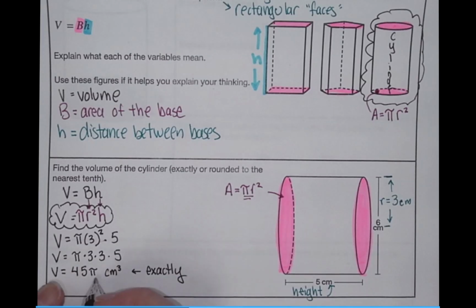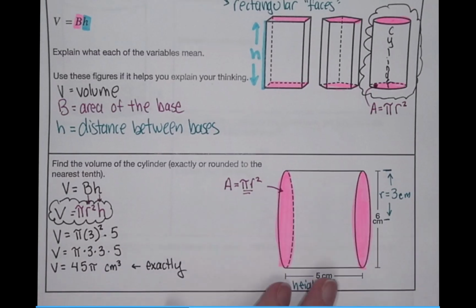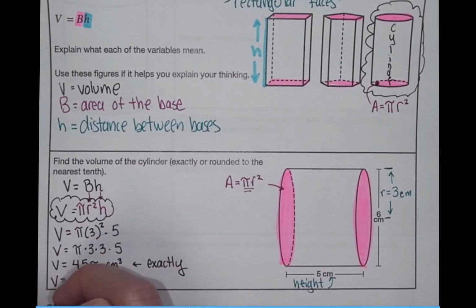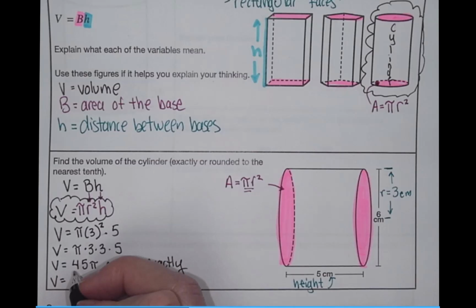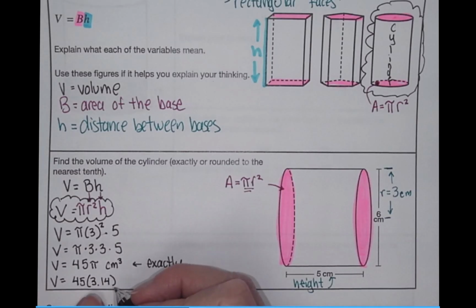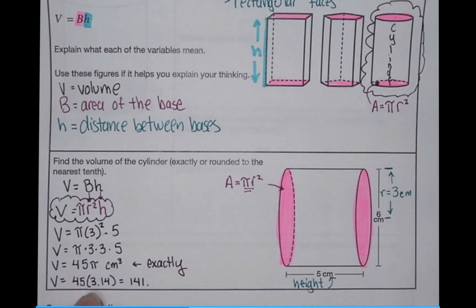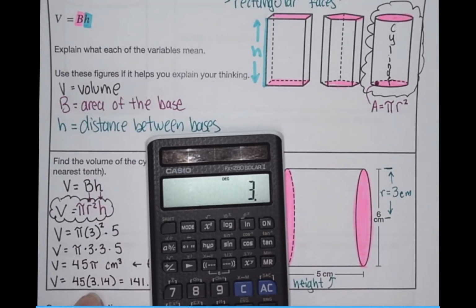I haven't rounded that pi and lost accuracy. Mathematicians don't like to round and lose accuracy. But it's also acceptable in most cases, if you want to round things, to go ahead and multiply 45 times this approximation of pi. Pi is not really 3.14. That's a rounded approximation. But if you wanted to use it, you might see it happen. 3.14 times 45.